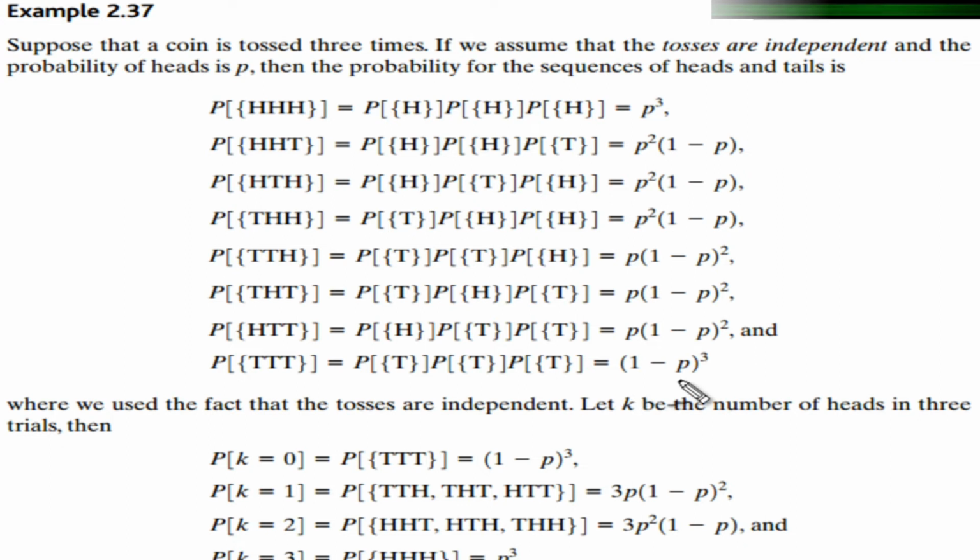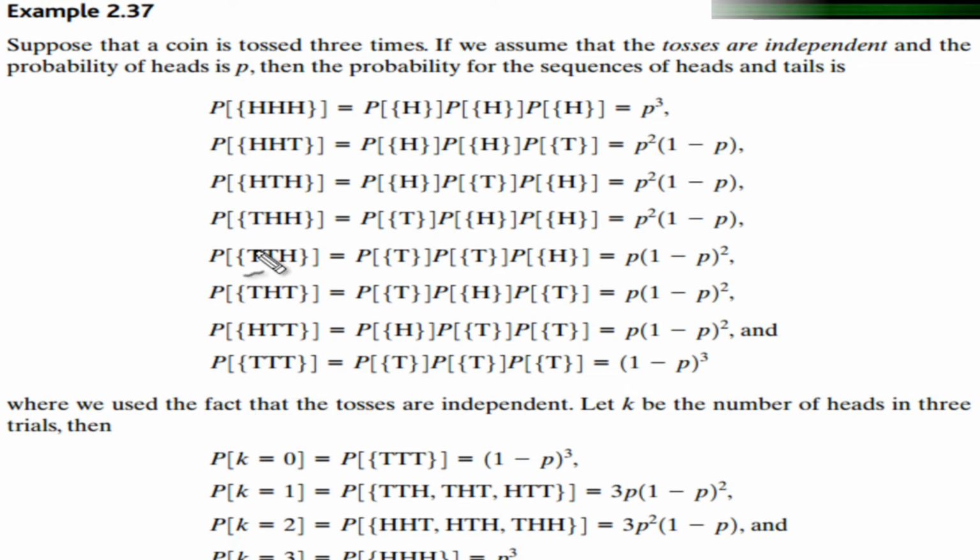So that would be the probability of the event in which we are not getting any success. The 3 tails are basically 3 consecutive failures. That's why we are considering it.